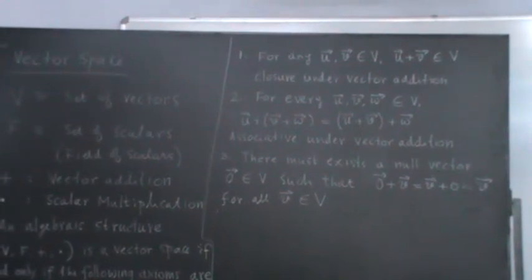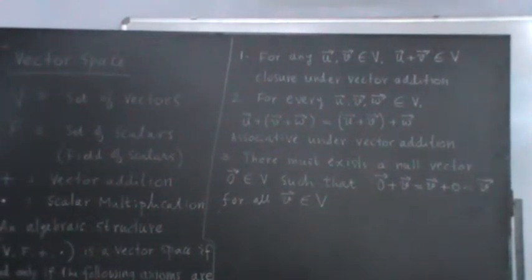This is called existence of a null vector, or existence of an additive identity. Null vector is also called additive identity.